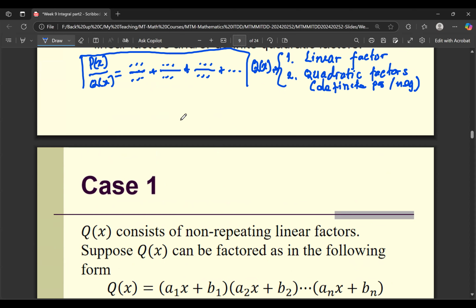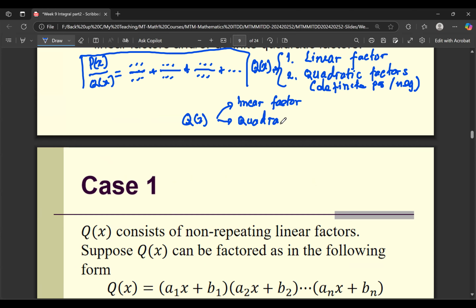There are four possibilities. As we know from the previous, Q(x) can have linear factors, or maybe quadratic factors.